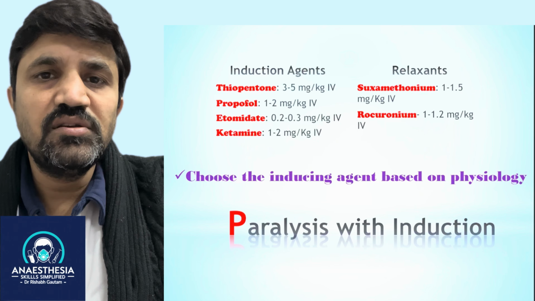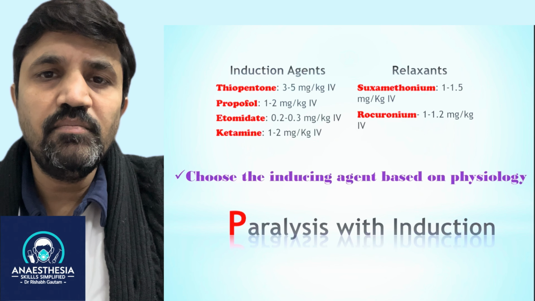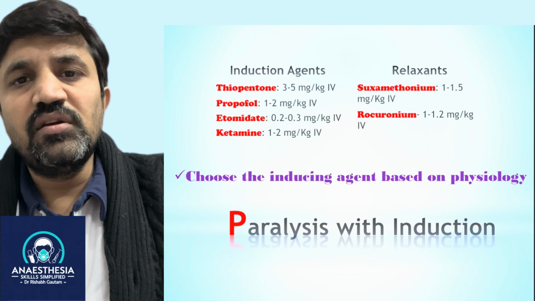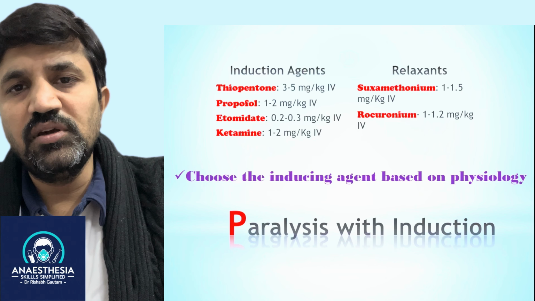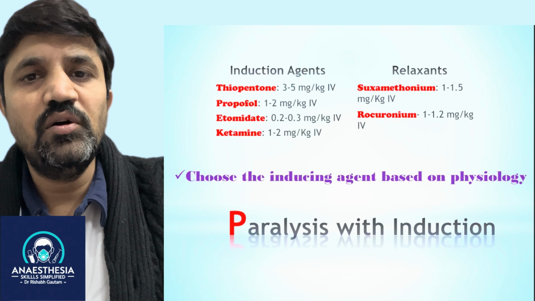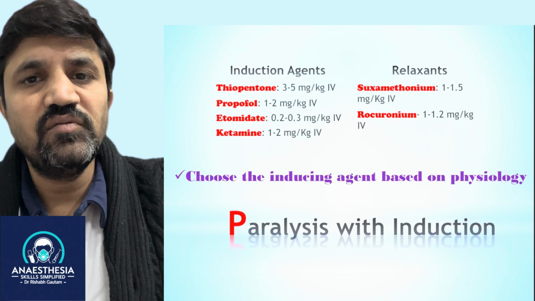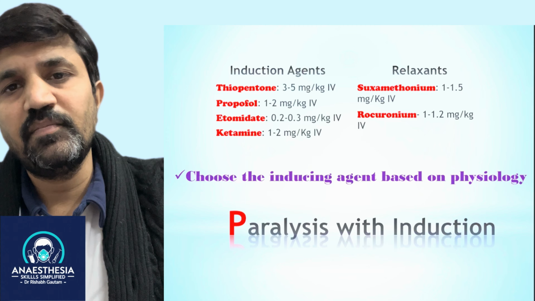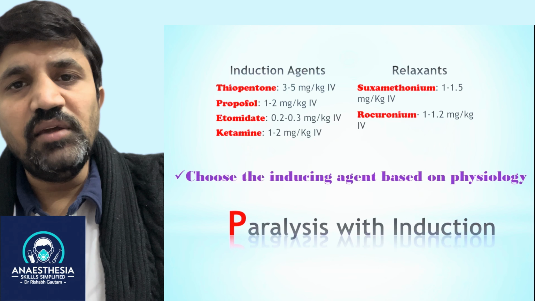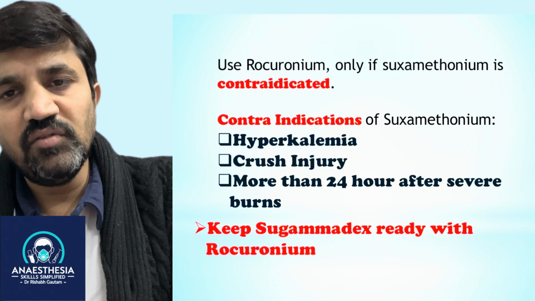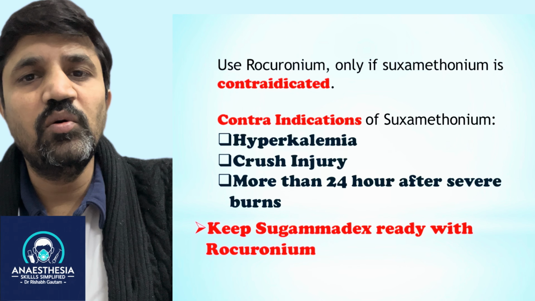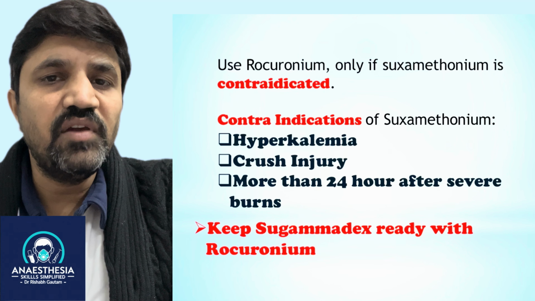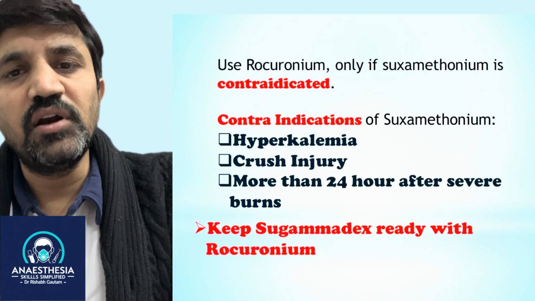The dose is 1 to 1.5 milligram per kilogram IV. The other drug which can also be used in place of succinylcholine is rocuronium. The dose is 1 to 1.2 milligram per kilogram IV. But remember one thing, succinylcholine is the drug of choice for muscle relaxation, and rocuronium should only be used in cases where succinylcholine is contraindicated.